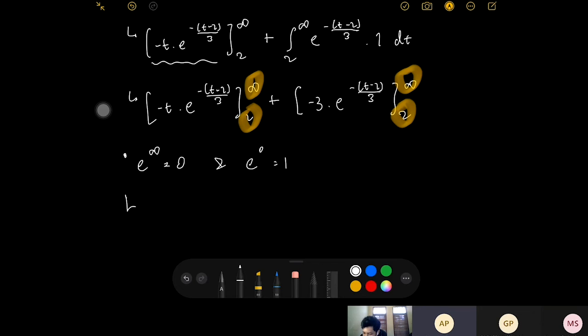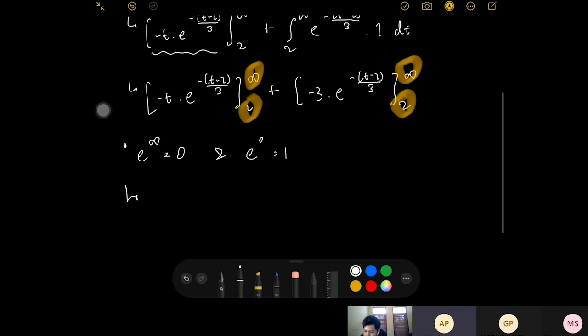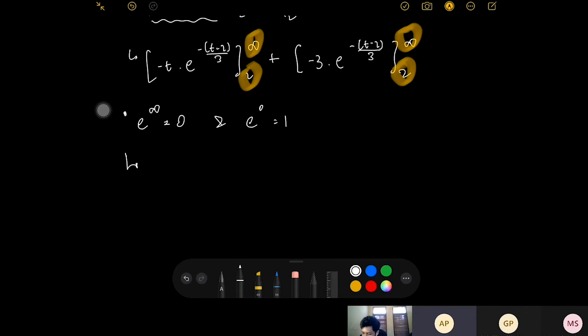From here, this part is 0, since if we input infinity into the exponential, the exponential powered by infinity is 0, so it's 0 minus 2, because if we place the 2 in the exponential it will be 1, and this part is minus 2.